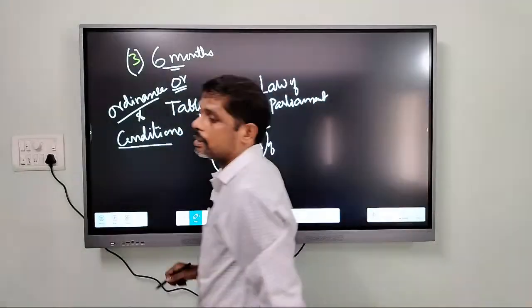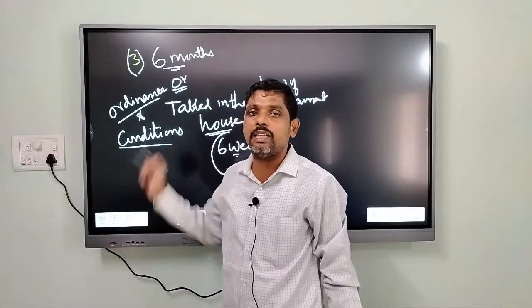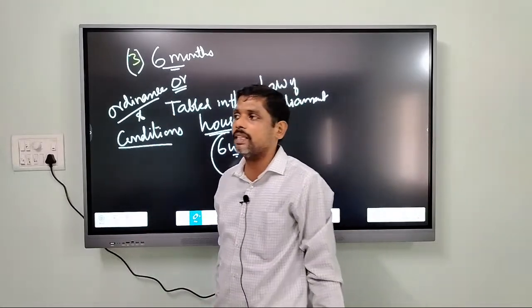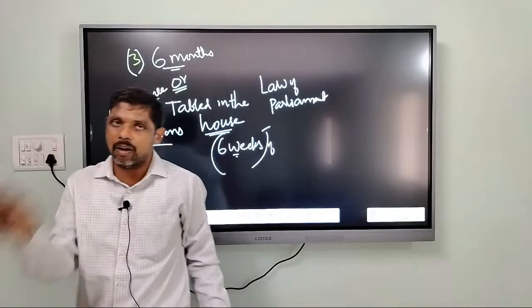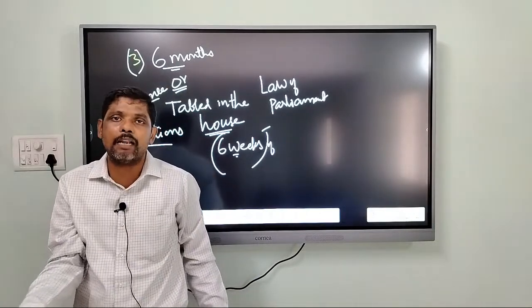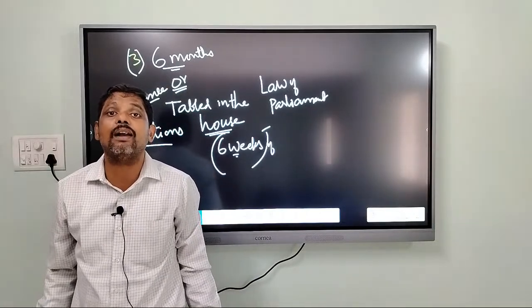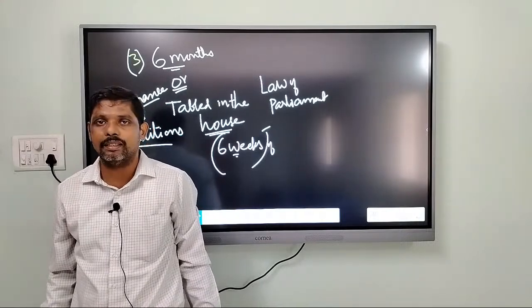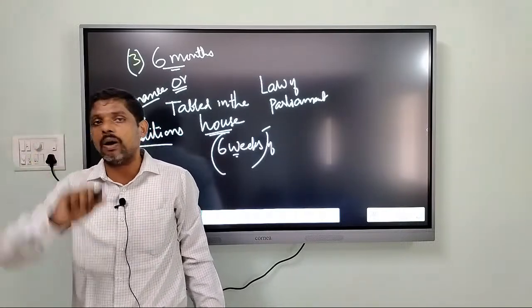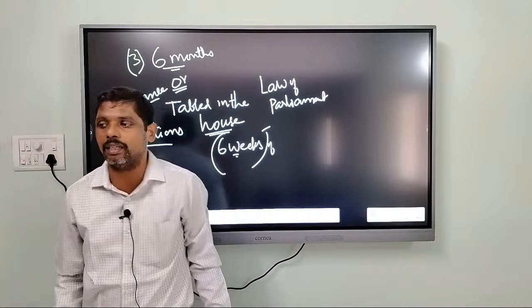Before passing in the parliament, it is called as ordinance. But after passing in parliament, this ordinance becomes a law. గుర్తుపెట్టుకోండి, పాస్ కానంత వరకు ఆర్డినెన్స్, పాస్ అయిన తర్వాత చట్టం, లా అవుతుంది.